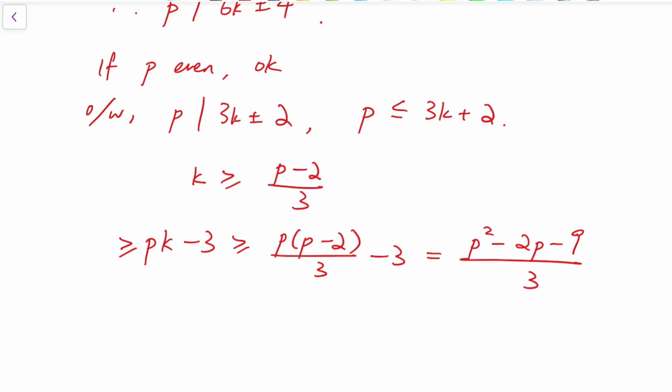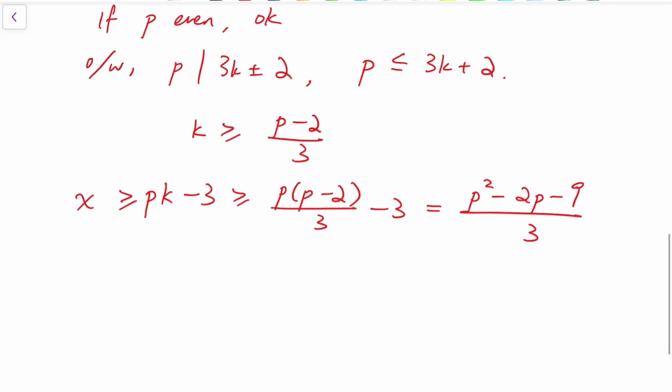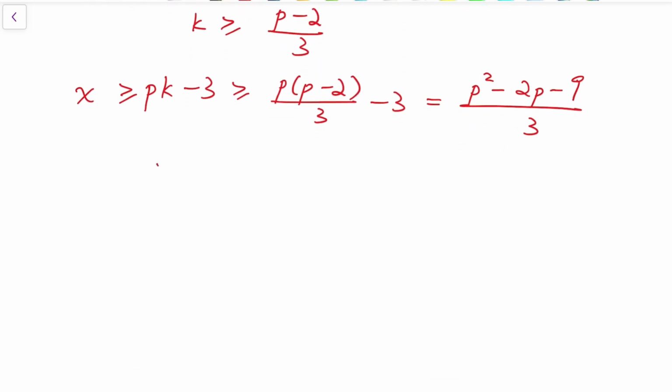And we know that this pk minus 3 would always be less than or equal to x. So given an equation of p and x, we now have established an inequality, again, about p and x. So we have x to be at least (p squared minus 2p minus 9) all divided by 3.